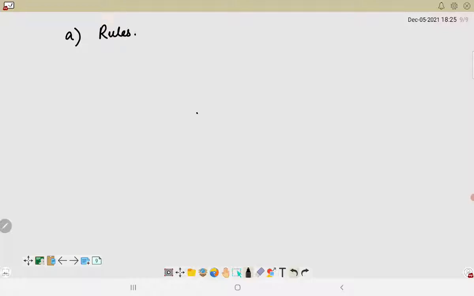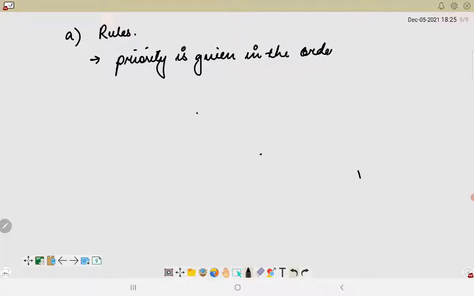Okay. So when we are considering preference based on rules, priority is given in the order in which they occur. Okay, priority is given in the order in which they occur.